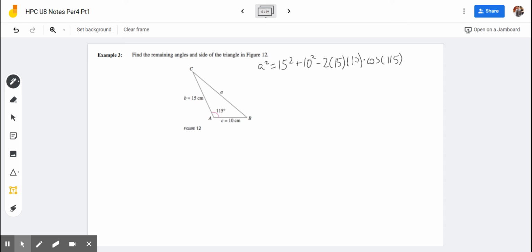And then to solve for the side A, we would just type all this into the calculator as a square root. 15 squared plus 10 squared minus 2 times 15 times 10 times cos of 115. Okay. And then rounded to 2 decimal places, this is going to be about 21.26.